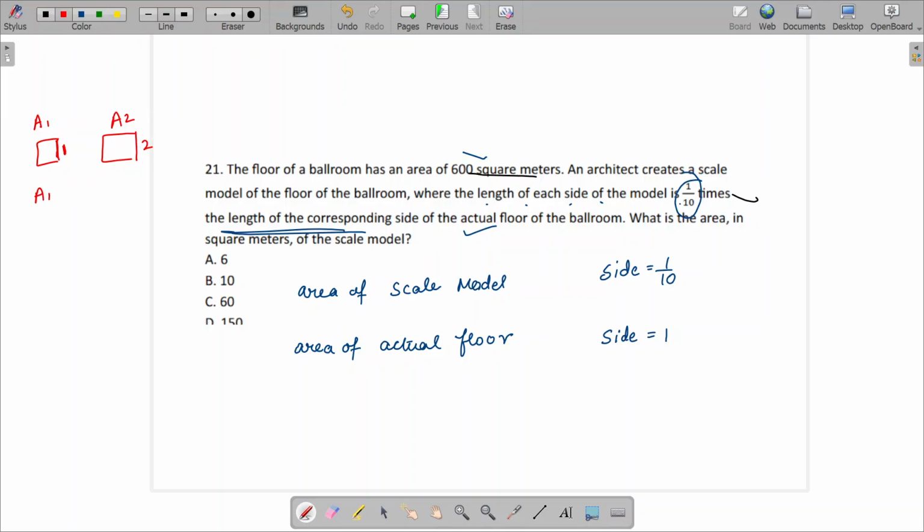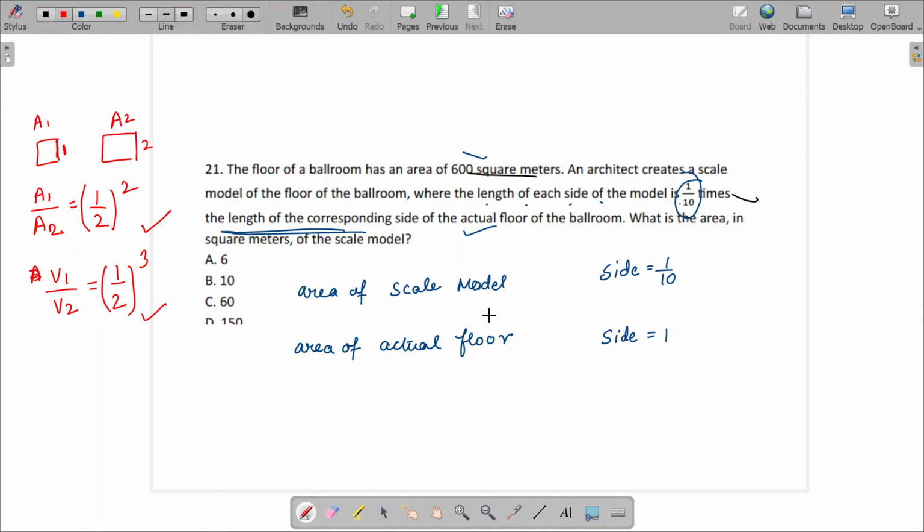Whenever you're finding the ratios, there's a relation between the area and their sides. We always equate them, but we always square the sides if we are talking about area. And if it's a cube, then we'll find the volume, so whenever you're finding the ratios of volume, you have to find the cube of their corresponding sides. Using this, you can make your question very easy.